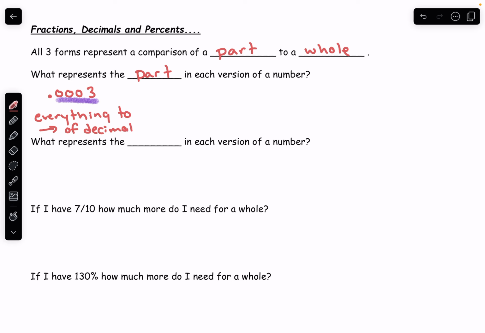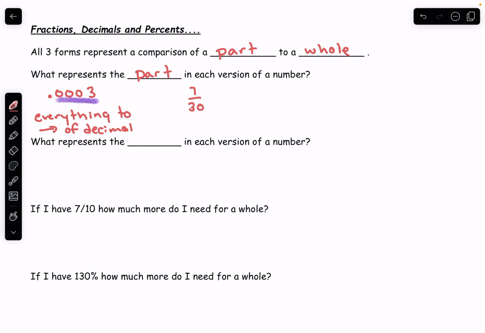Now, what if it's a fraction? If I have the fraction 7/30, where is the representation of the part in this version of the number? Now, obviously, 0.0003 and 7/30 are not the same number. I'm not trying to say they are. They're very different numbers. But in this case, 7/30, where is the part being represented?